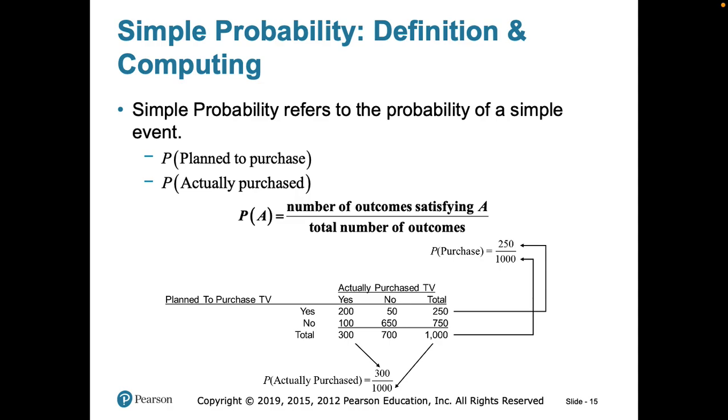So you have the people that planned to purchase and actually purchased. When you add the people that said they were not planning to purchase but ended up purchasing a TV, you get 300. So that's the number of outcomes satisfying A. And then the total number of outcomes, which is the 1,000, will be your denominator. So 300 divided by 1,000, or 30%.